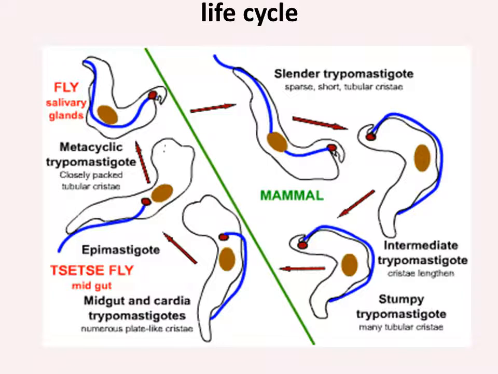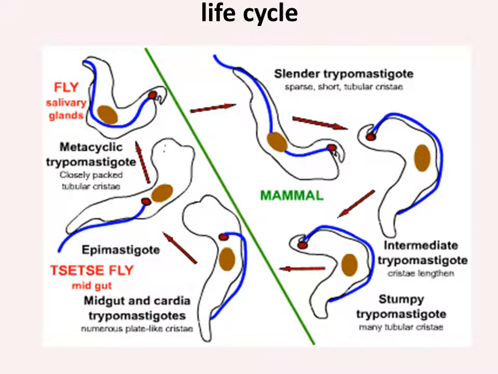Eventually, invasion of the central nervous system may occur. The trypomastigotes are transmitted back to the tsetse fly when it feeds on an infected human.